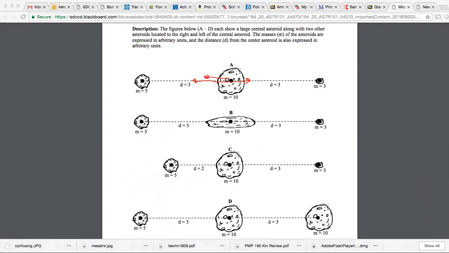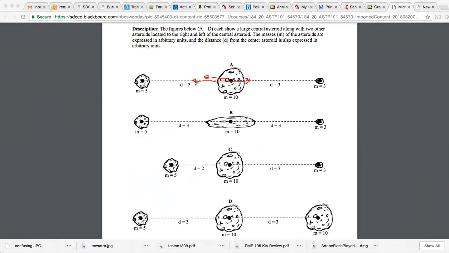And so how do you find the net force now? Now you have to do the math, okay? But you know how to do it because you did it in that table. So to find this net force, you have to find this force, which would be basically what? So that would be 5 times 10, 50 divided by 9.